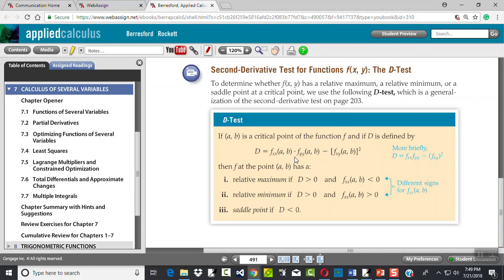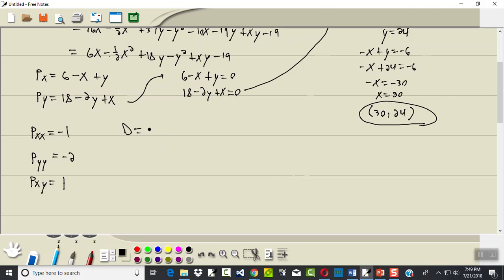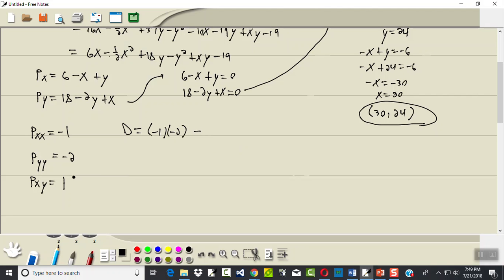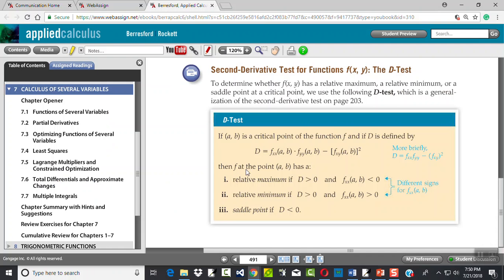Okay. Now this tells us we need to multiply these. So I'm going to have negative 1 times negative 2, and was it subtraction? Yeah. Minus, and then we're going to square this. That gives us 2, minus 1, which gives us 1. Okay.